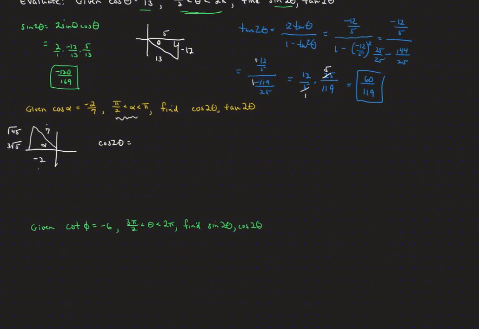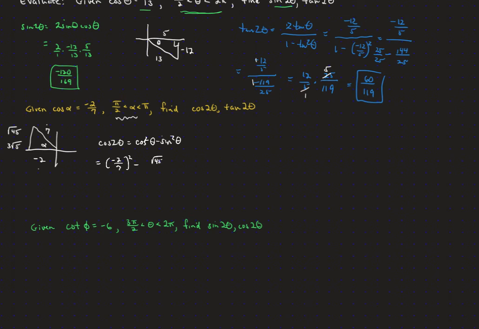So we're going to say cosine squared theta minus sine squared theta. According to our triangle, cosine is adjacent over hypotenuse. It's going to be a negative 2/7 squared minus the sine. I'm going to leave it as square root of 45 because we're going to get rid of it in a moment when we square it.